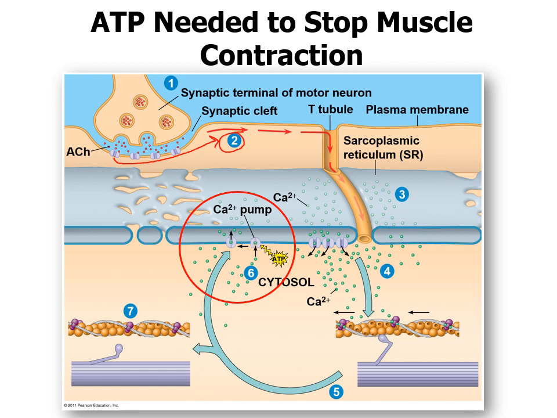So these are the channels down here, where I'm drawing the arrows now. Those are the channels in the sarcoplasmic reticulum which release calcium into the cytosol. The calcium then, of course, binds to the troponin, releasing the tropomyosin, allowing the muscles to contract.